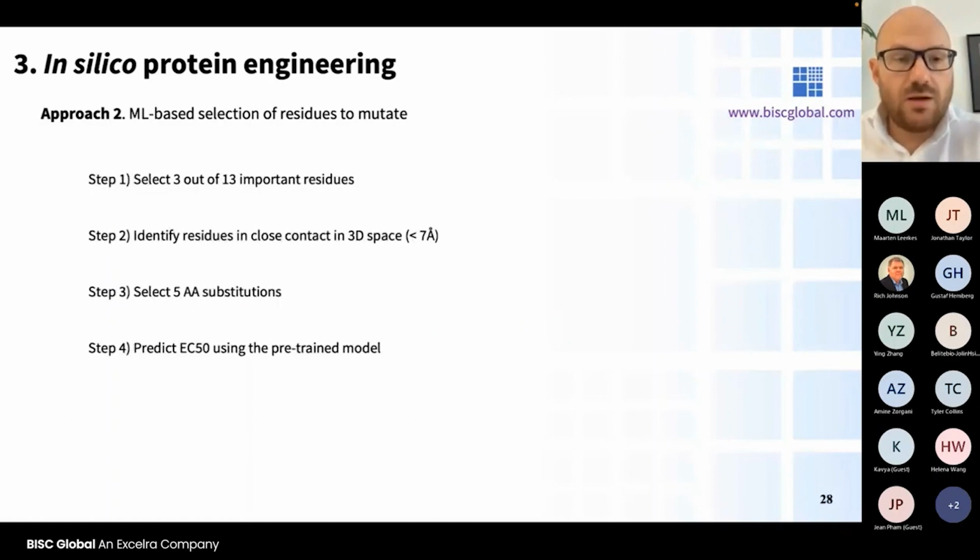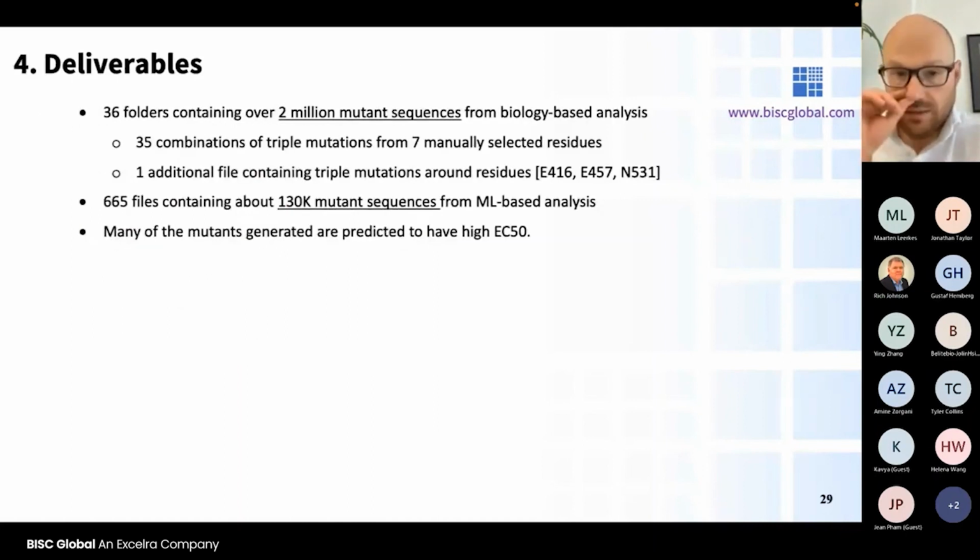So again, for the remaining part of the analysis, we still mutated using the 3D structure of the protein, and we changed the amino acids around those residues using the 7 angstrom distance, and that's how we generated a lot of mutated sequences, which we later ran through the machine learning to identify where they lead to an increase of AC50, where they lead to a decrease of AC50.